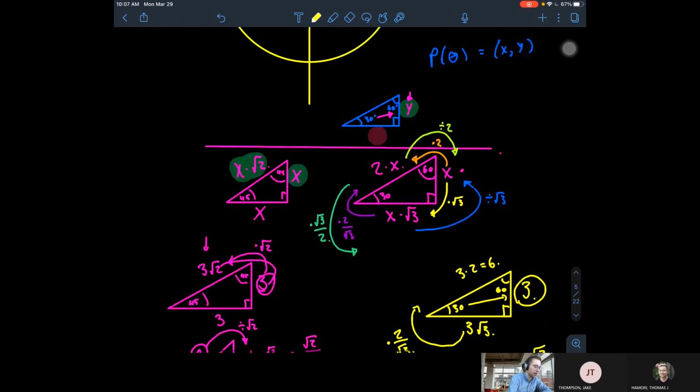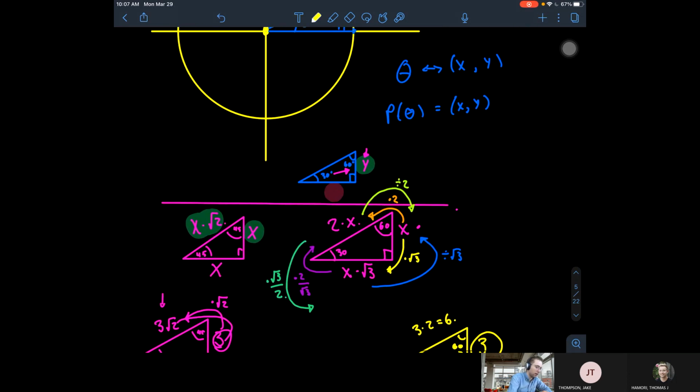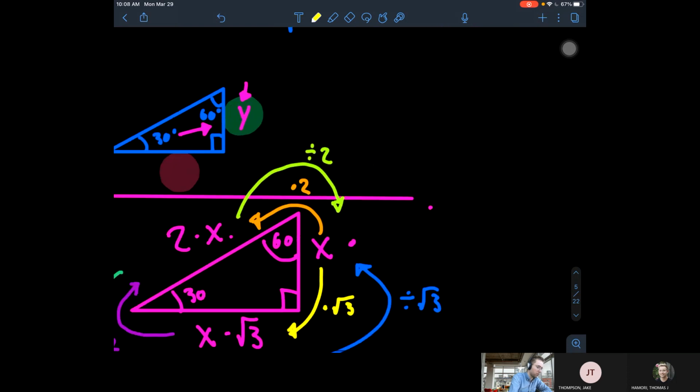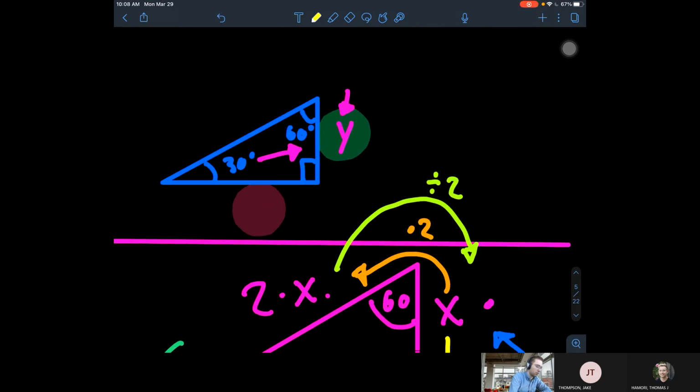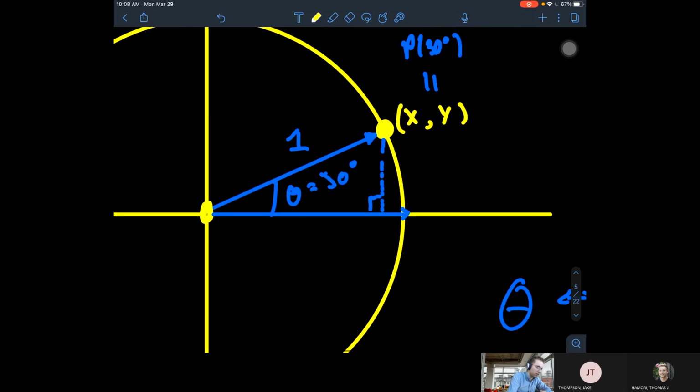So let's return now to our original discussion, which was the following. We had a 30, 60, 90 triangle, which was inside of the unit circle. And because it's the unit circle, we know that the side length, which goes from the very center of the circle to the very outside of the circle, should have length 1.